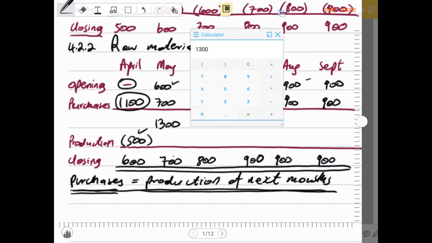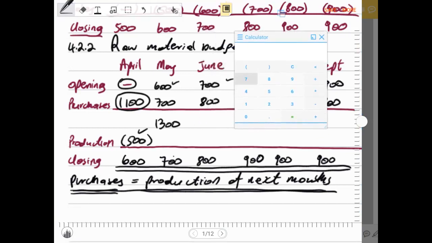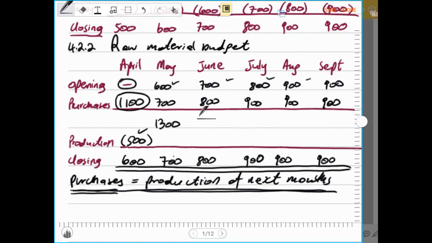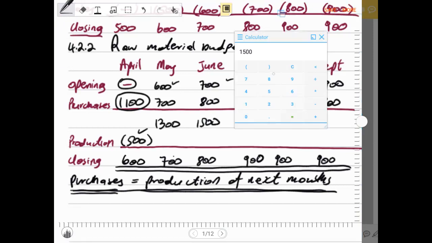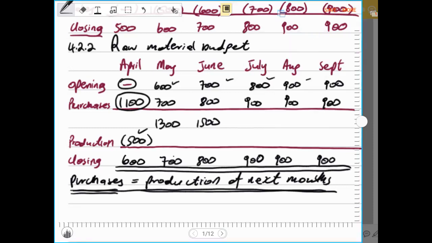Let me just record all these amounts throughout first. Then we have 700 plus 800, and this gives us 1,500, and 800 plus 900, that gives us 1,700, and this will be 1,800 and 1,800.